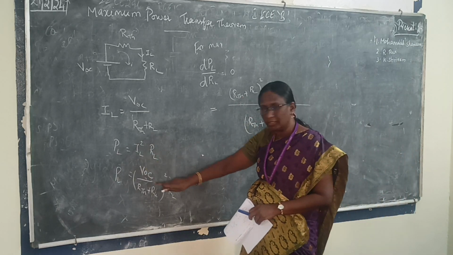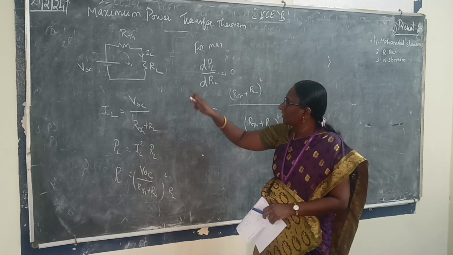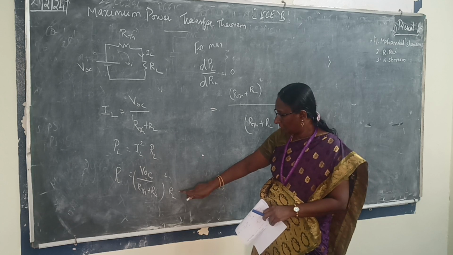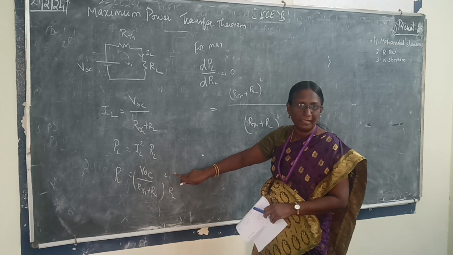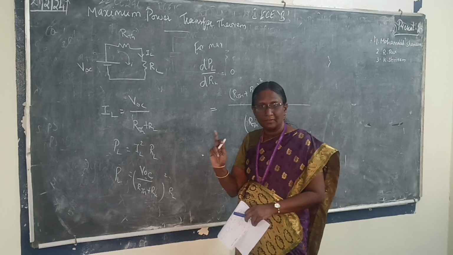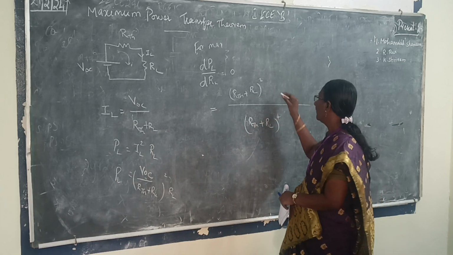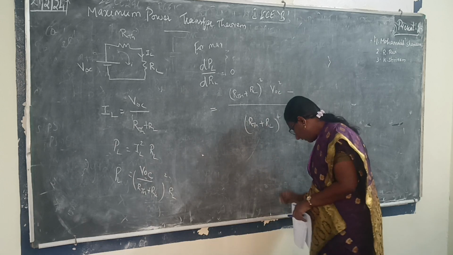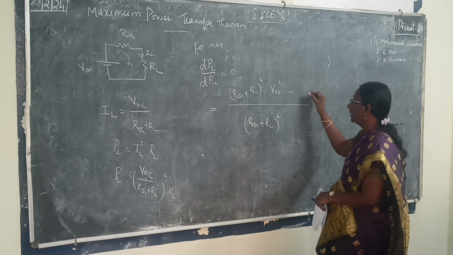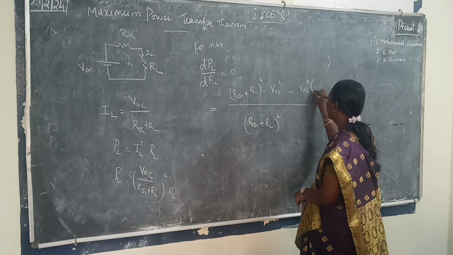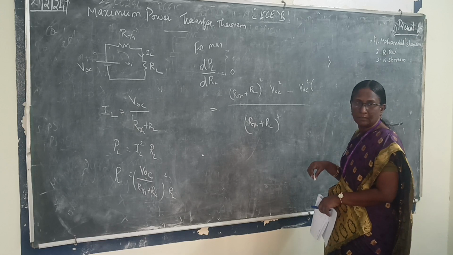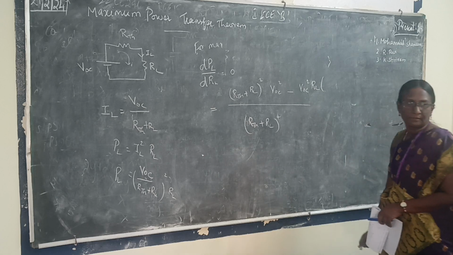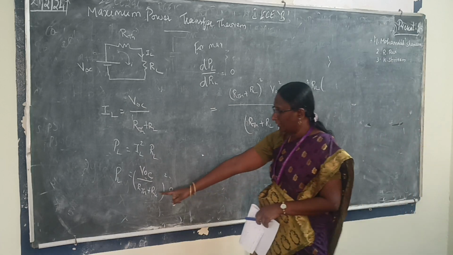Then the numerator you are going to differentiate with respect to RL. What is in the numerator? VOC squared RL. If you differentiate RL, only VOC squared remains, isn't it? Into VOC squared, minus VOC the whole squared into RL. This also we have to differentiate, isn't it?